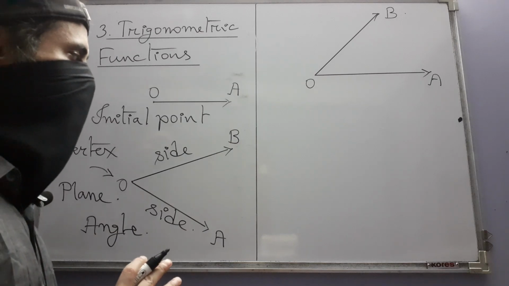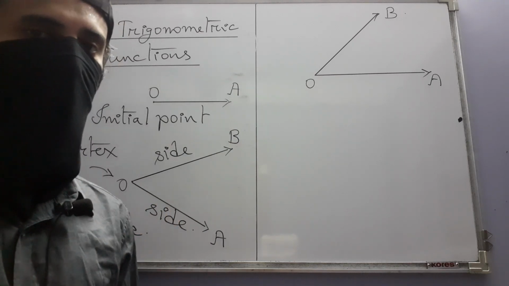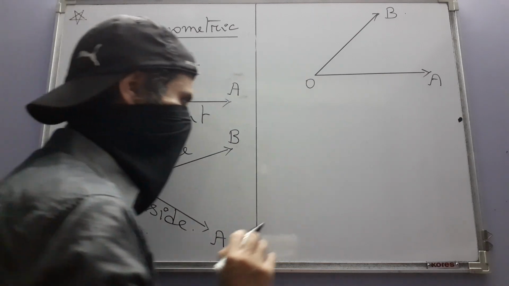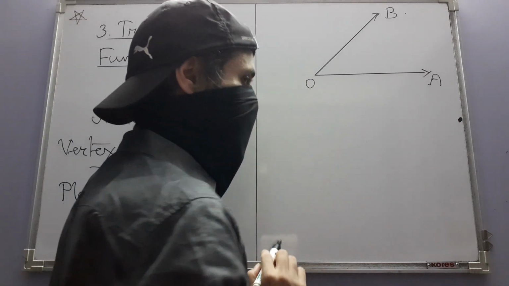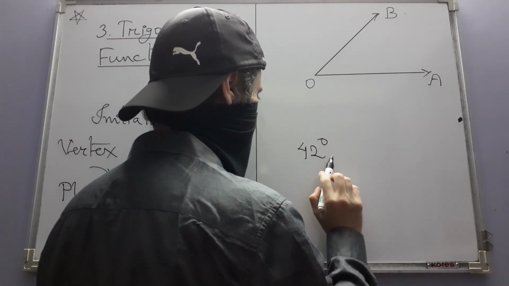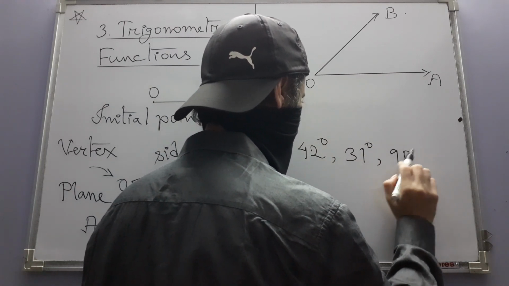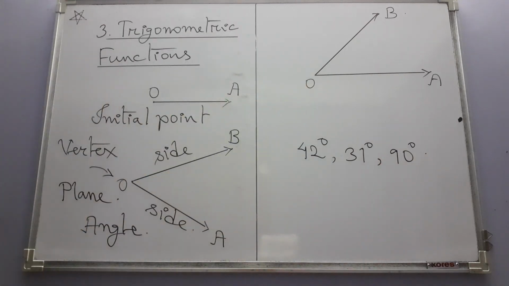Now you know that normally when we say angle, we have a numerical value like this, say 42 degrees, 31 degrees, or 90 degrees. Then what am I saying here?